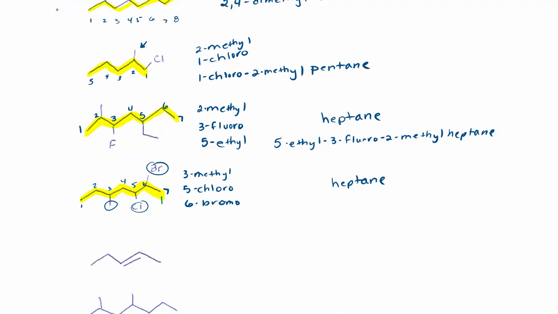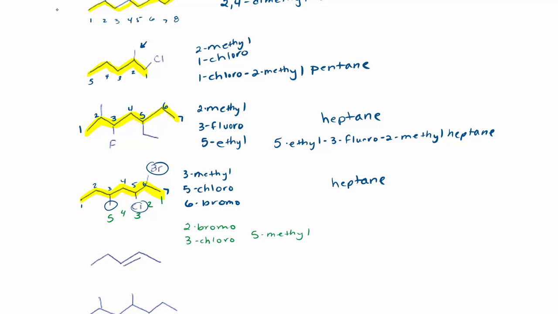If this is carbon 1, 2, 3, 4, 5, then I would have 2-bromo, 3-chloro, and 5-methyl.